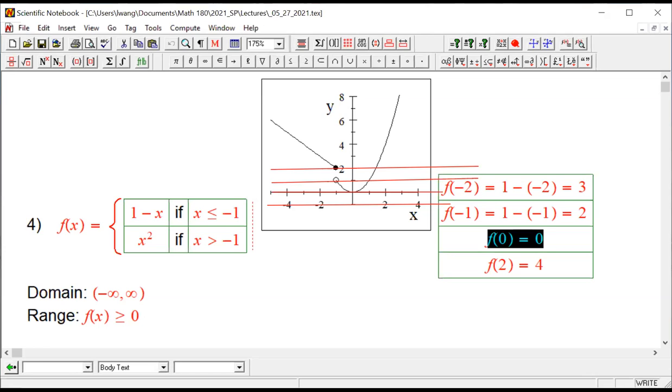Andy wrote negative infinity, negative 2 union minus 1, infinity. Do you mean negative infinity to positive infinity, or are you answering the domain? Andy, I'm not sure I understand your answer.